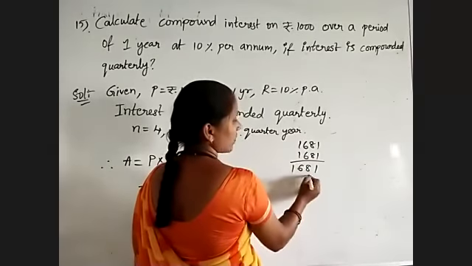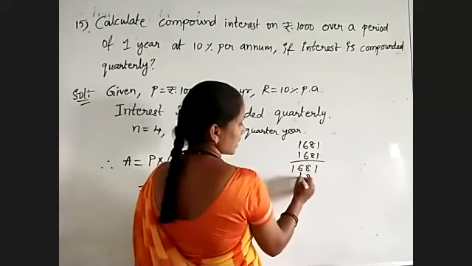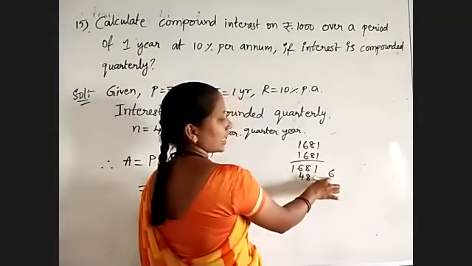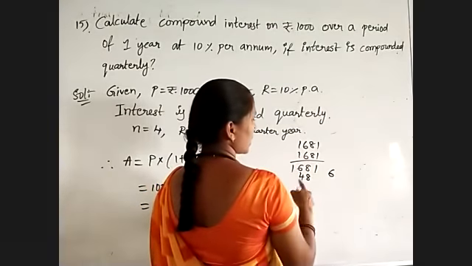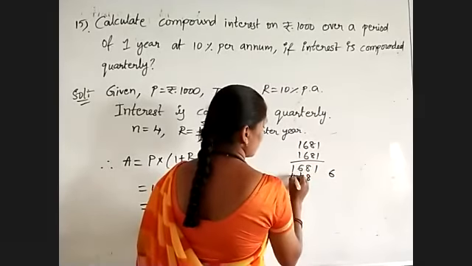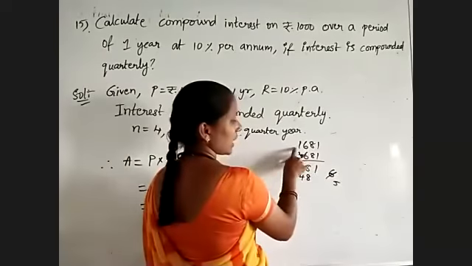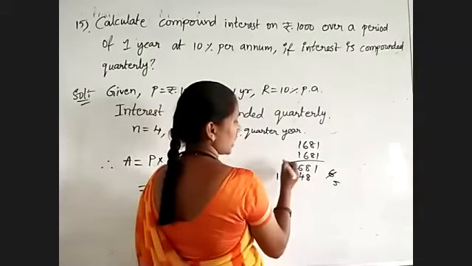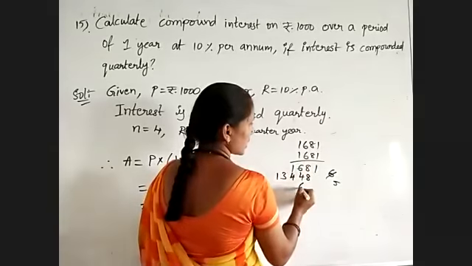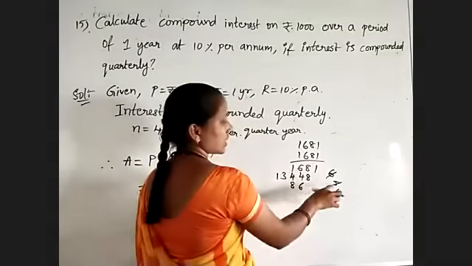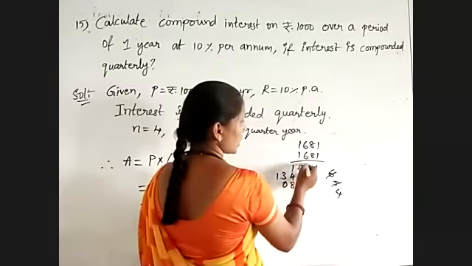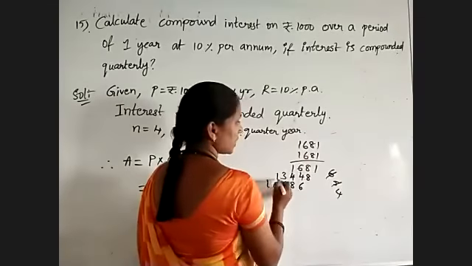1681. 1 times 1681 is 1681. 8 ones are 8, 8 8 is 64, 8 6 is 48 plus 6, 54. 8 ones are 8, 8 plus 5 will be equal to 13. 6 ones are 6, 6 8 is 48, 6 6 is 36 plus 4 is 40. 6 ones are 6 plus 4 is 10.